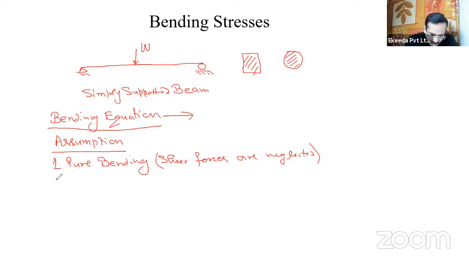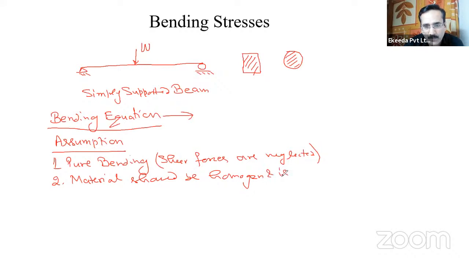And there are some other assumptions, that the material should be homogeneous and isotropic, meaning it should have constant properties throughout the material, right? Pure bending should be there, and the modulus of elasticity remains constant.